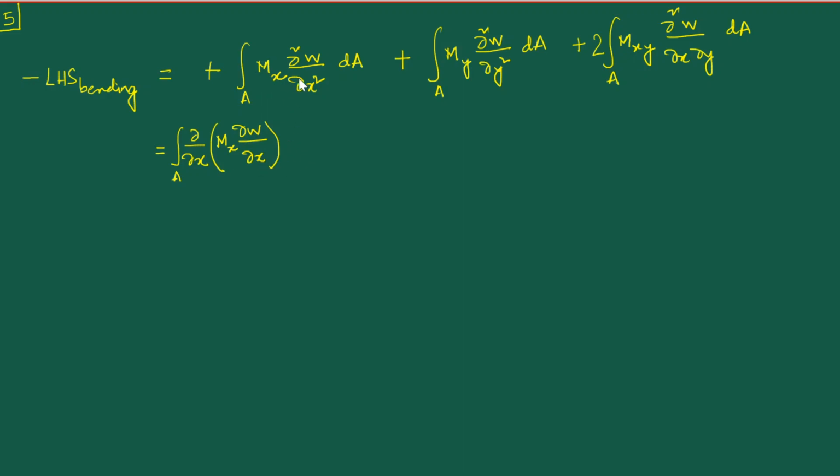The term which was mx del square w del x square, I have rewritten it in this fashion, meaning that I have artificially incorporated an extra term like del mx del x times del w del x, because if you break it up you will get this term, but you'll also get that extra term. But I don't want that because I want there to be an equality between this step and the previous step, so I have to subtract this out.